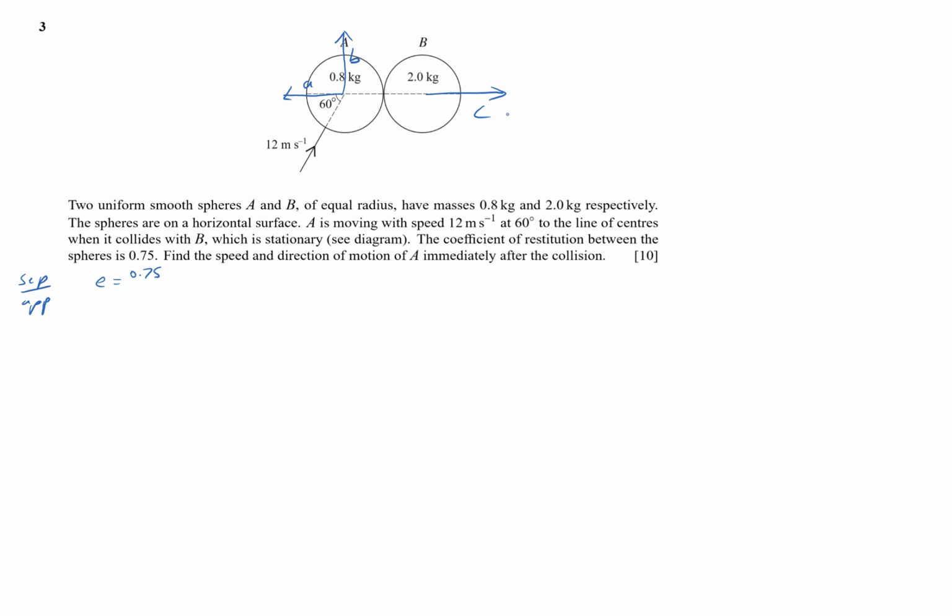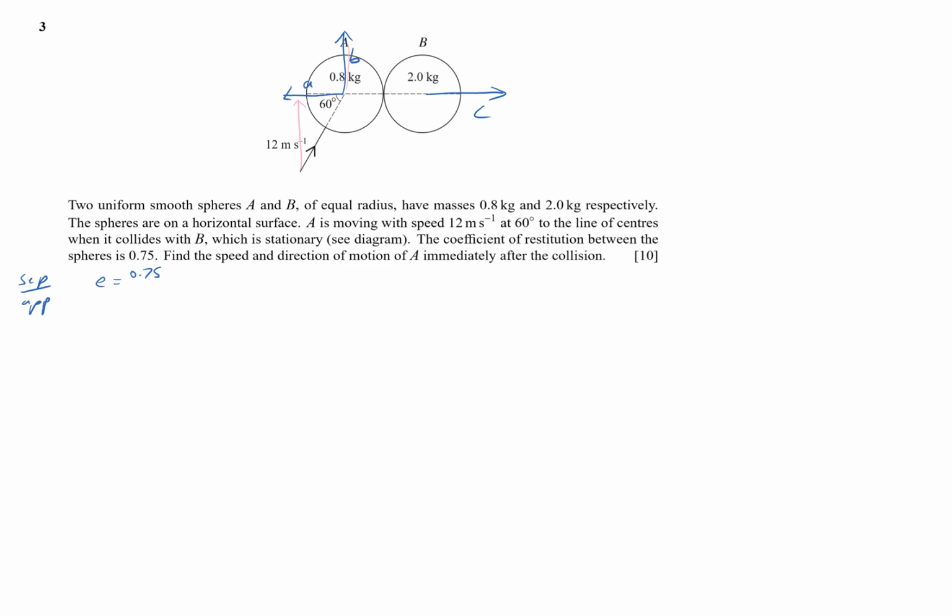The first thing I can do is go parallel, so perpendicular to the line of centers, and that will tell me that the initial momentum there must be the same as the final momentum. Because the mass stays the same, the initial velocity there must be the same as the final velocity. Of course, if something had dropped off here, it'd be a different situation.